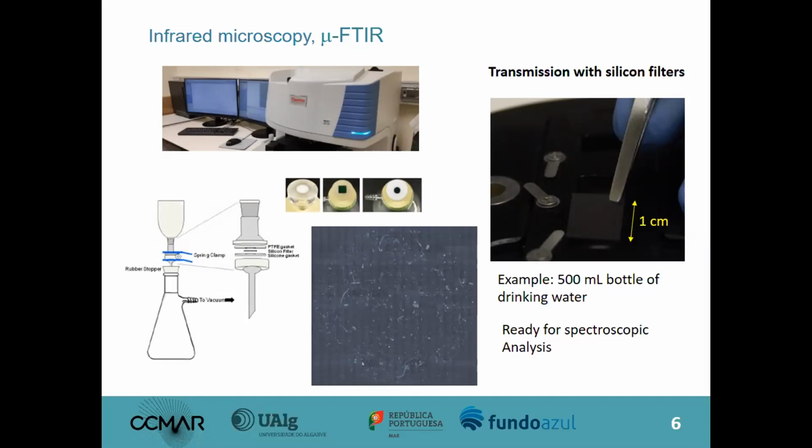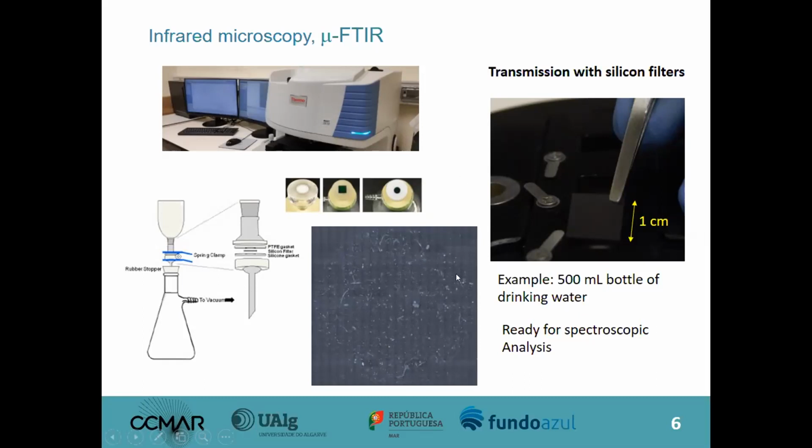The software of the instrument analyzes this image here, that is the image of the filter, and then selects the particles and automatically collects the spectra of each particle selected, as well as the corresponding background.